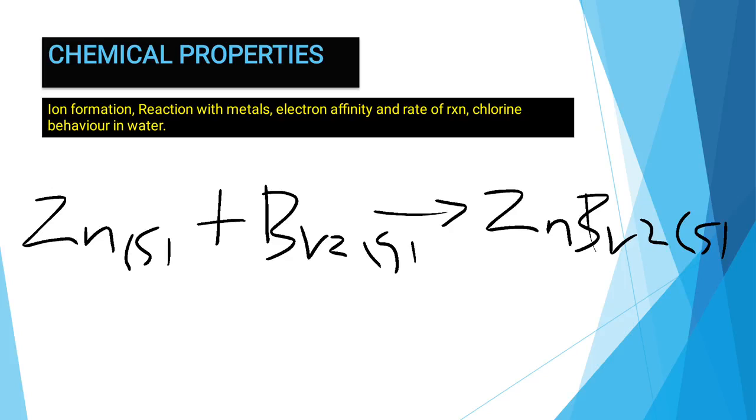We look at the reaction of the group 7 elements, which are in this case the halogens. Let's check now the product that will be formed if we react zinc with chlorine.